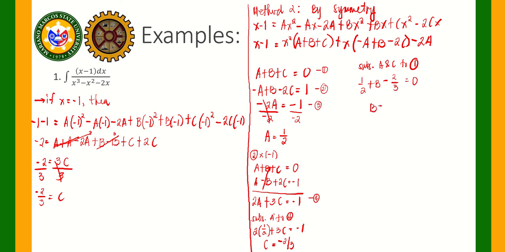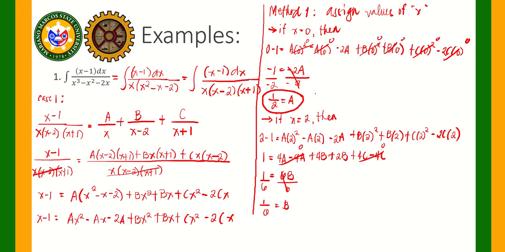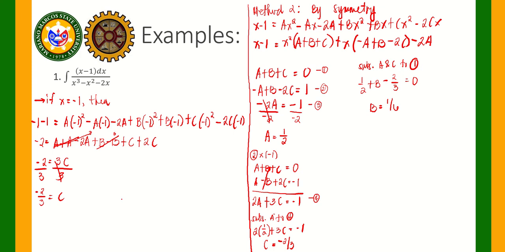And solving for B, that is equal to 1 over 6. So, same yung nakuha natin sa first method, doon sa second method natin. So, you can use any of the two methods kung saan kayo mas madadalian.